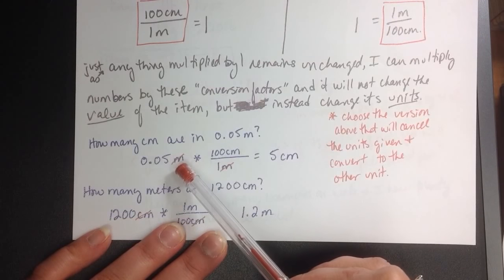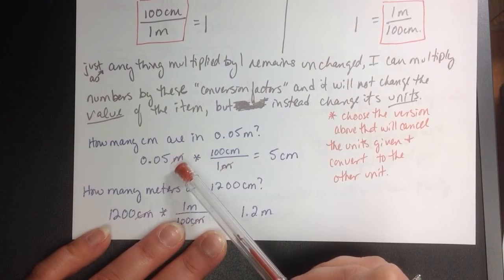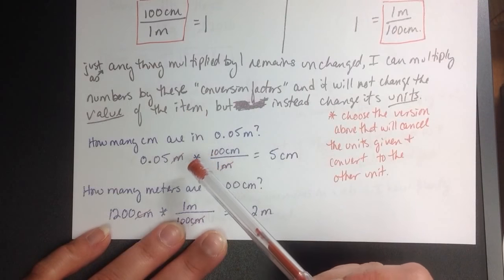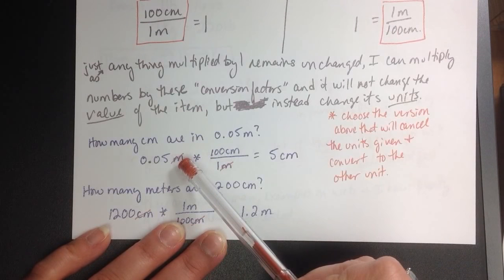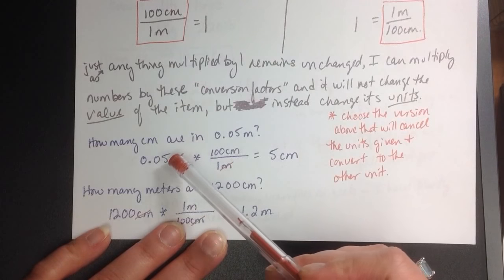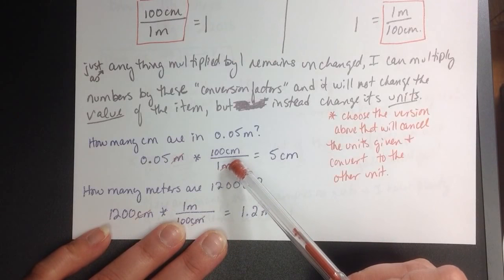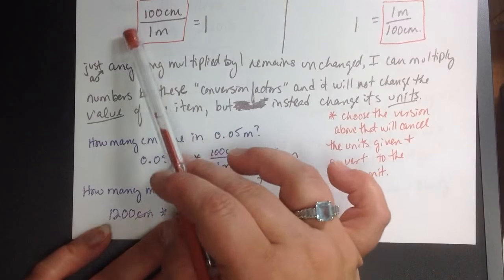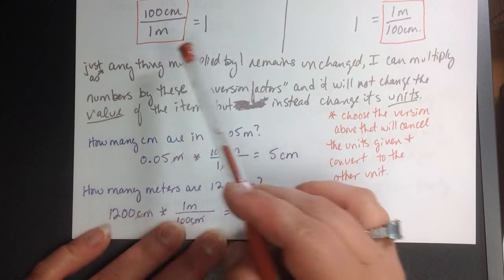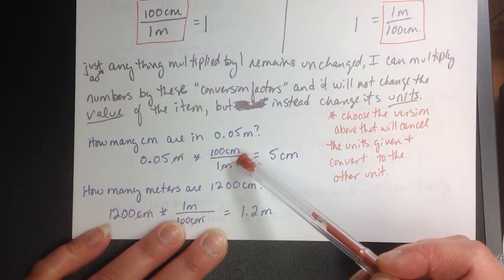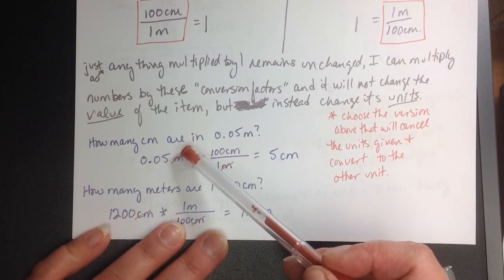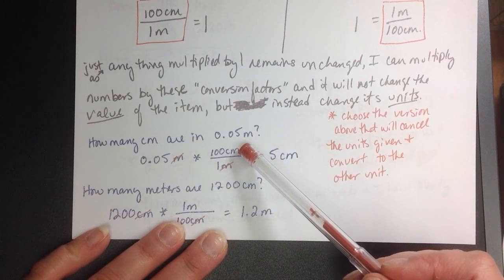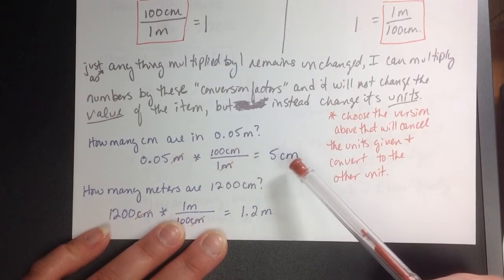I'm going to multiply this by the one of these two options that has the meters on the bottom. The reason why is because that means it will cancel out. Okay? So I have to take this entire thing, I can't pick and choose, I have to take this entire thing and put that there. By doing that, I cross this out, I cross this out, I've got my unit now as centimeters.